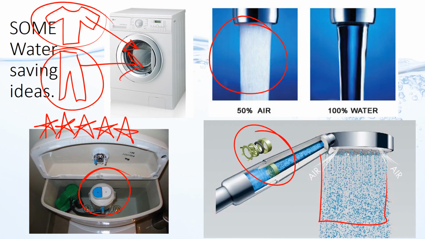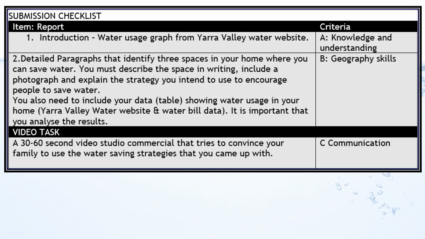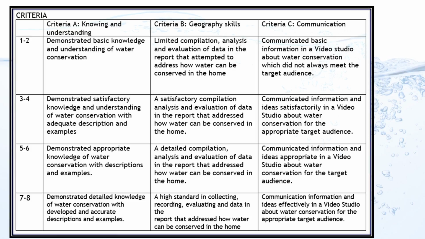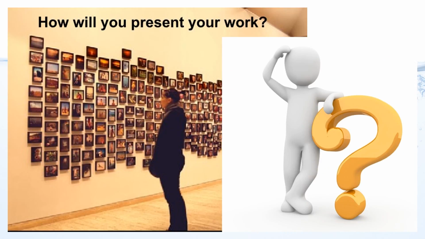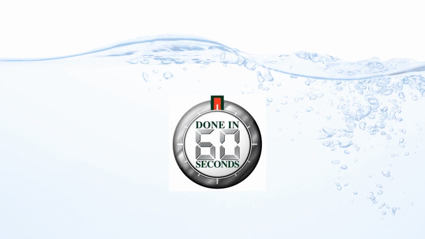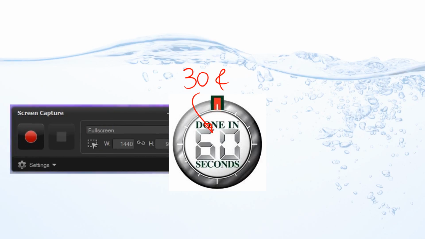Okay, so moving along, here's our checklist, there's our rubric. But how will you present your work? Now again, we've got to be creative. Think about how you can present it in a creative manner. You have between 30 and 60 seconds to create your ad to convince your family.